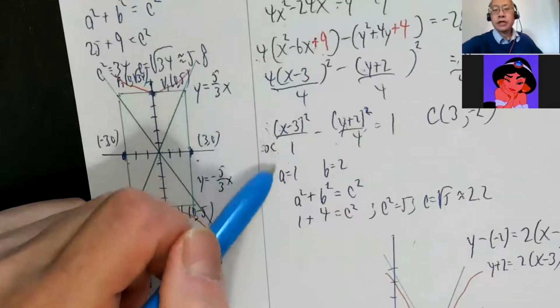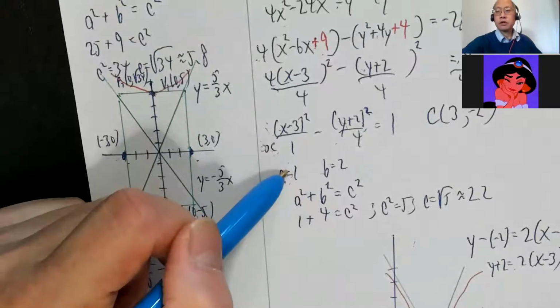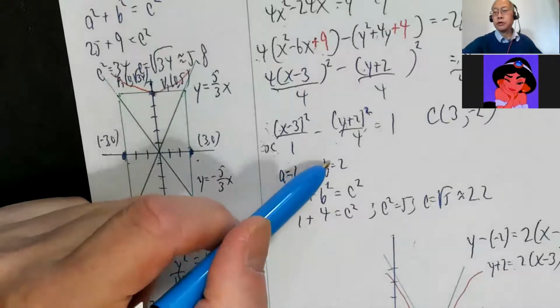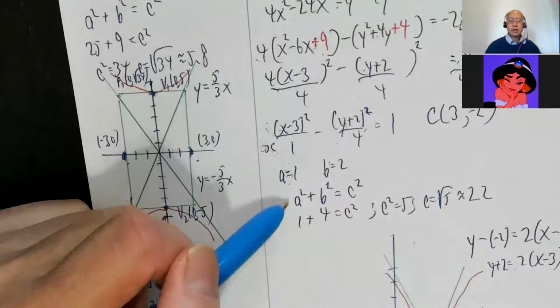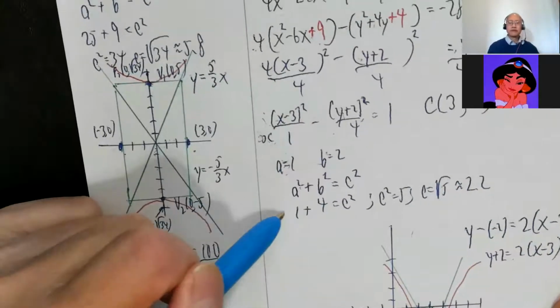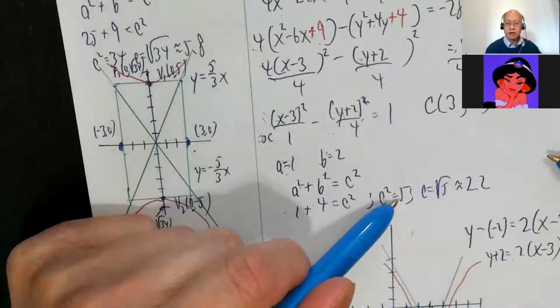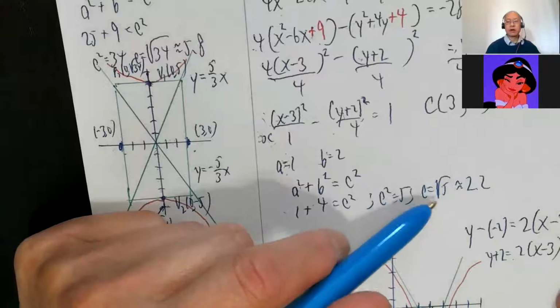All right, so take the square root of each of these. A is 1, B is 2, square root of 1 is 1, square root of 4 is 2. A squared plus B squared equals C squared. 1 plus 4 equals C squared. C squared is 5. Therefore, C is the square root of 5, which is about 2.2.